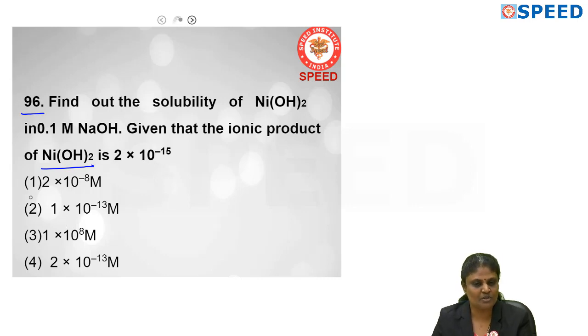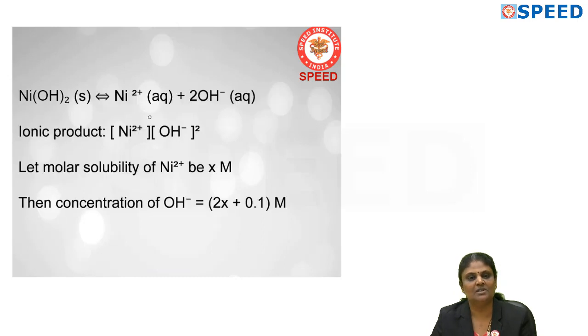The four options are: the first option 2 into 10 to the power of minus 8 M, second 1 into 10 to the power of minus 13 M, third 1 into 10 to the power of 8 M, and fourth 2 into 10 to the power of minus 13 M. So the answer is 2 into 10 to the power of minus 13 M.